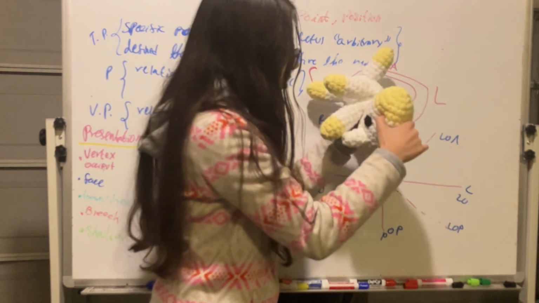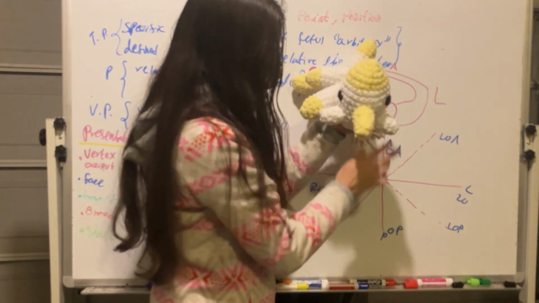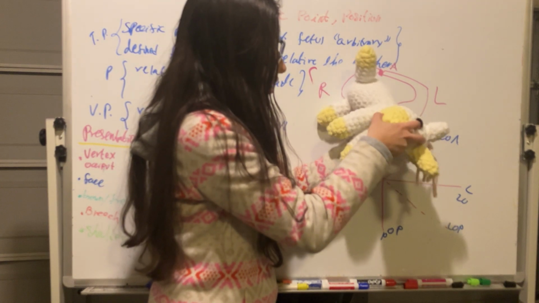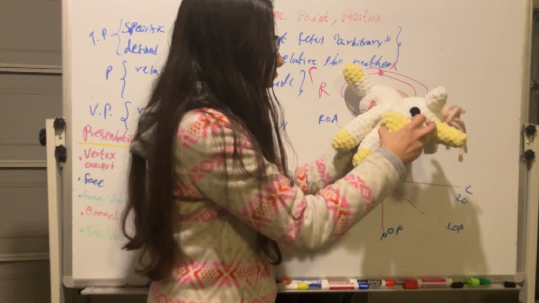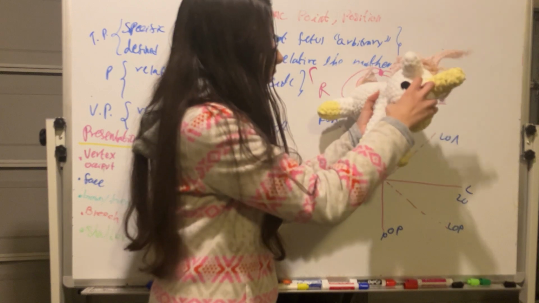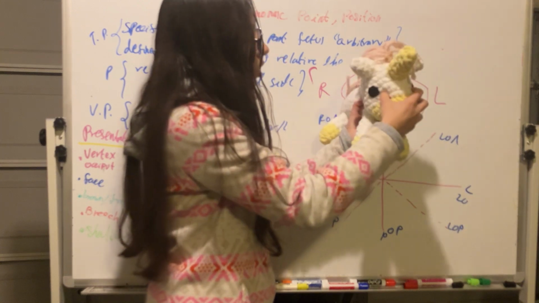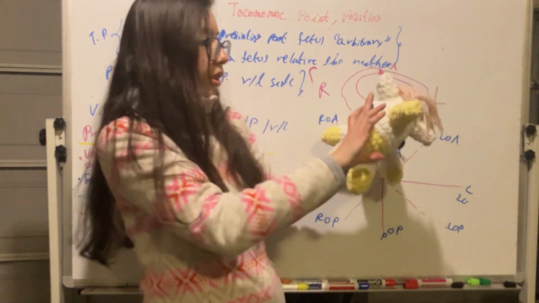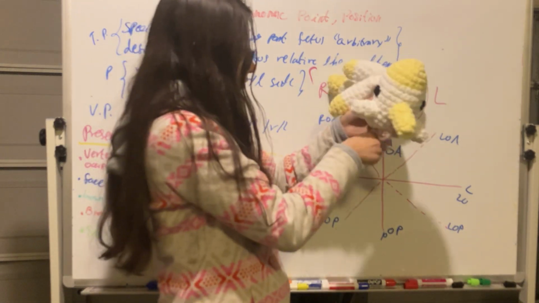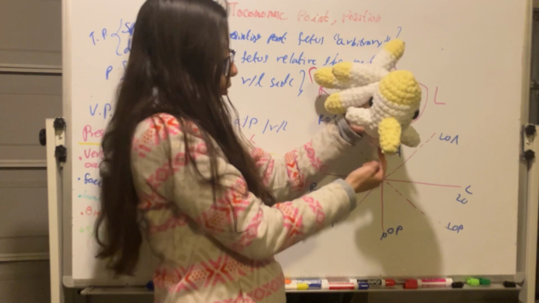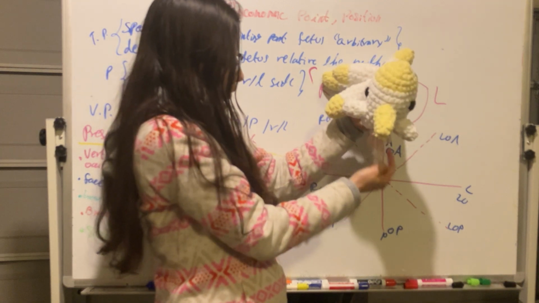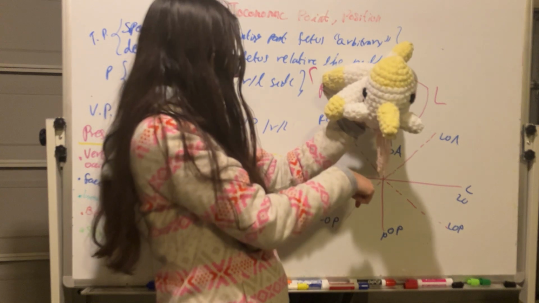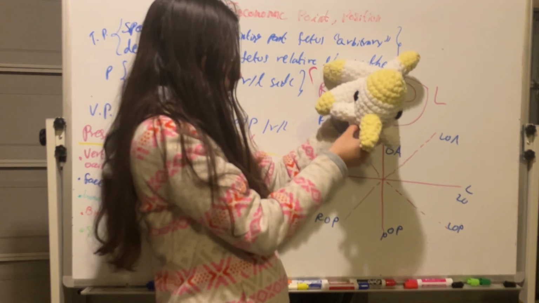So occiput posterior, left occiput posterior, left occiput anterior, occiput anterior. Now let's go towards the right side. Occiput posterior, pointing downwards, then shifted a little bit to the right.